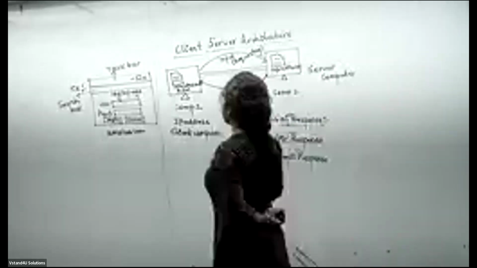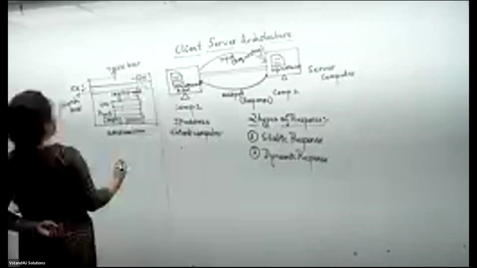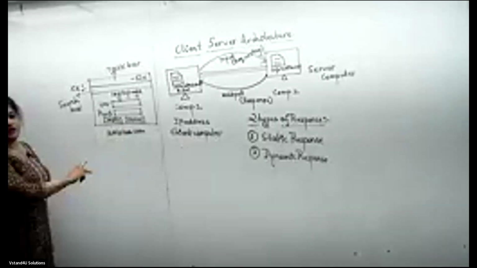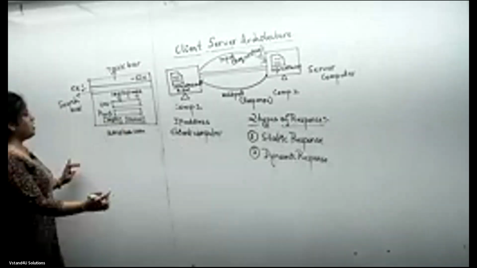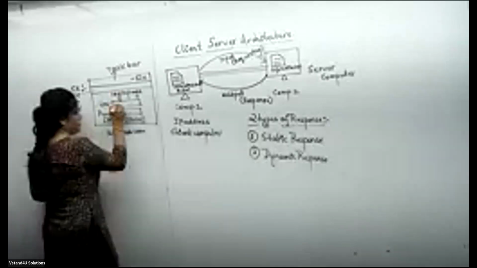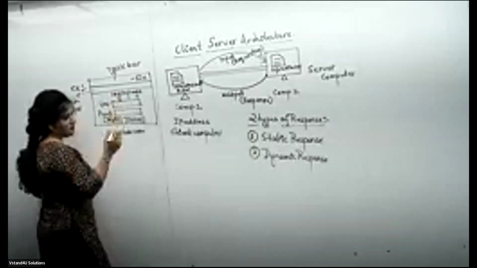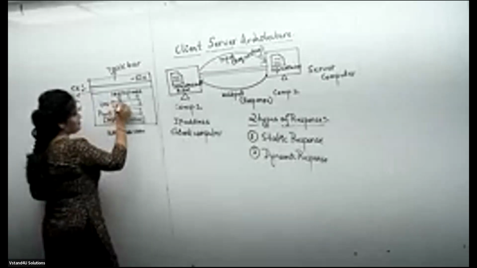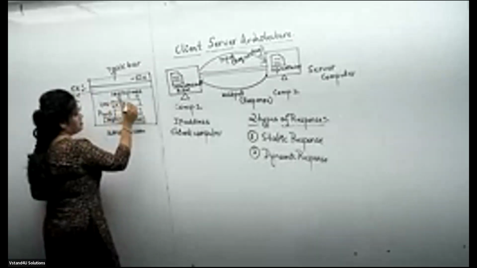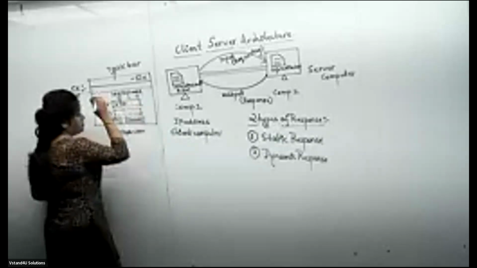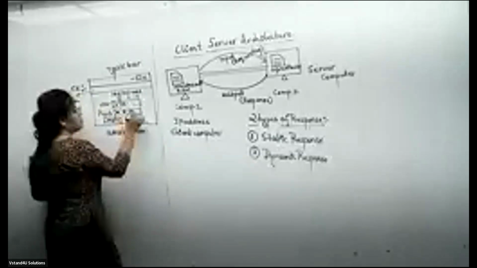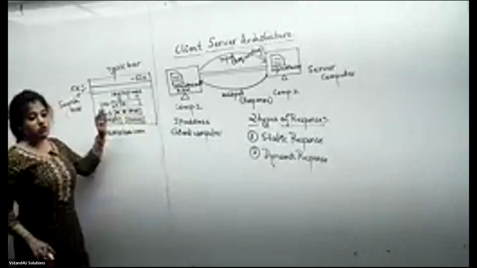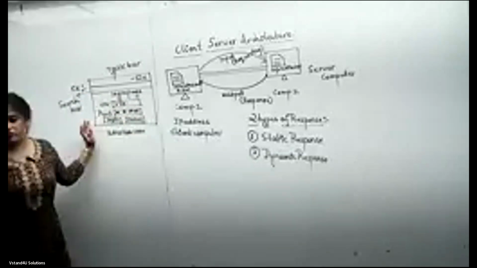Can you tell me what example I can take for dynamic response? The same example I'll take for Amazon. I will enter my username and some password, and I click on the login button.